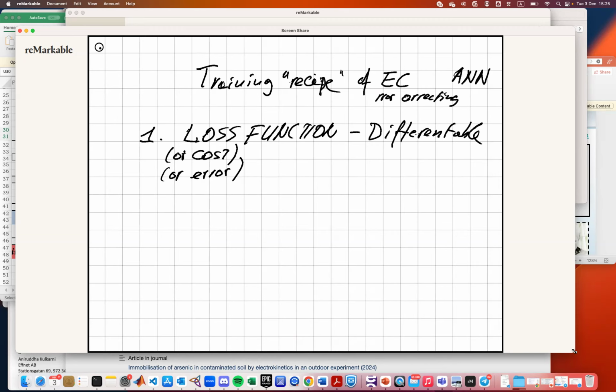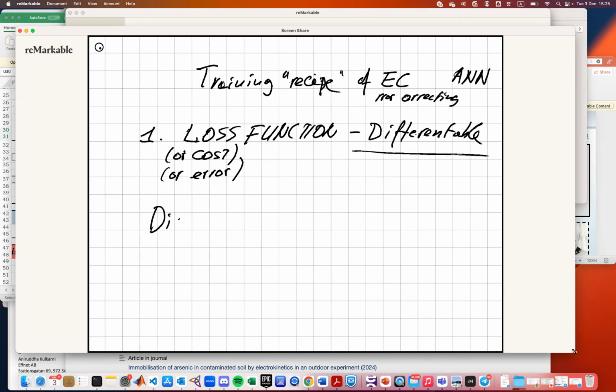Why bother? Why do we need to compute gradients or gradient descent? Because we want to minimize something. We want to find a minimum loss.